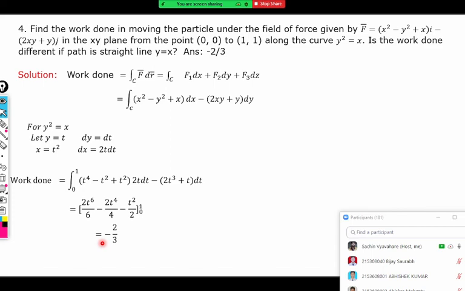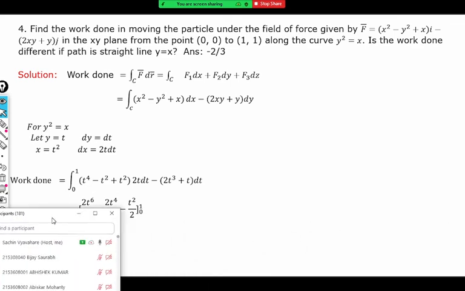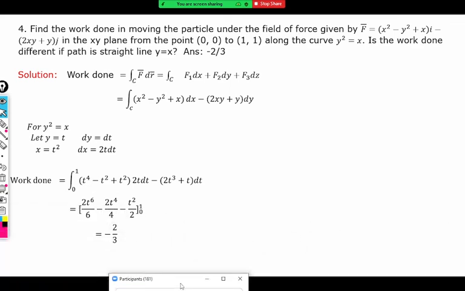Is the work done different for a straight line y equal to x? So to calculate the work done for the straight line y equal to x, let me write a parametric form of the straight line. Again, here also you can do it in either y or x only, because you can treat y as a parameter or x as a parameter.